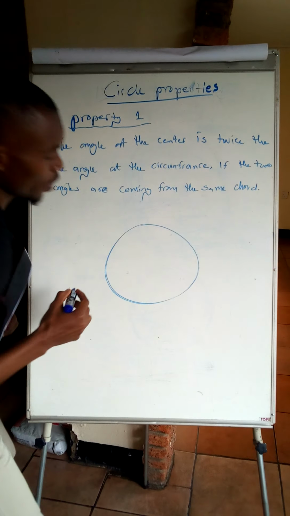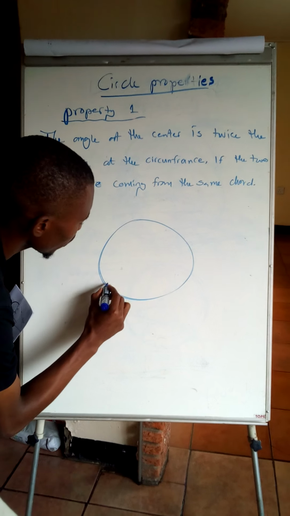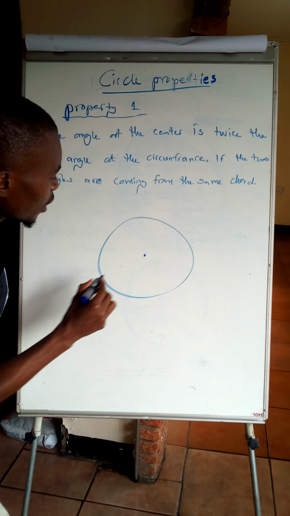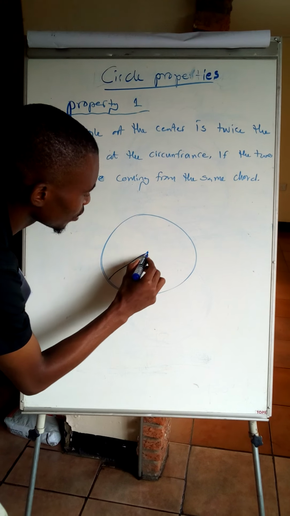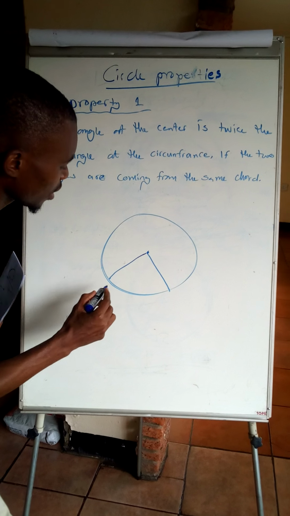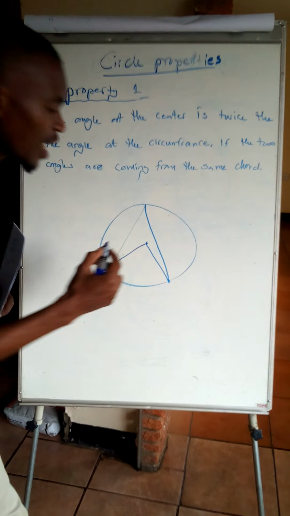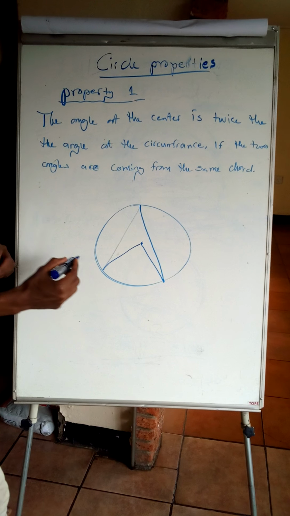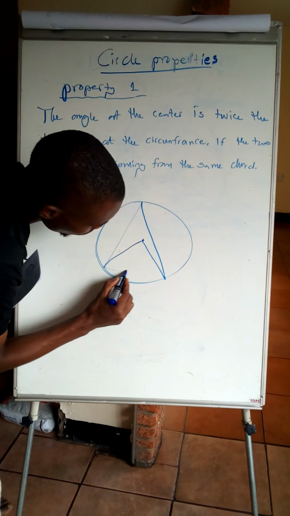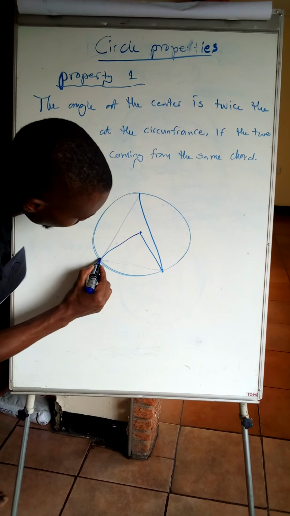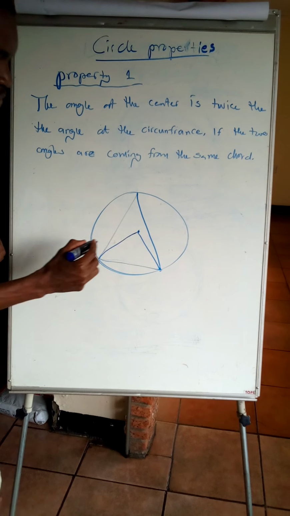So we have a circle. If this is the center of the circle and we have an angle at the center, then we also have another angle at the circumference, of which those two angles are coming from the same chord.